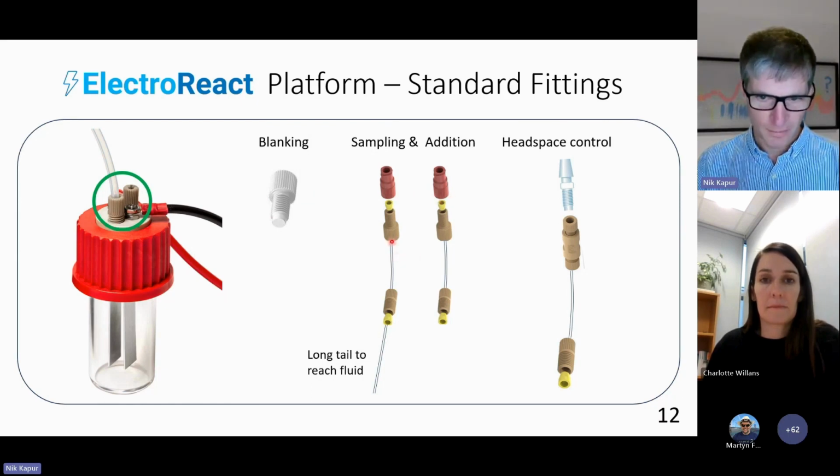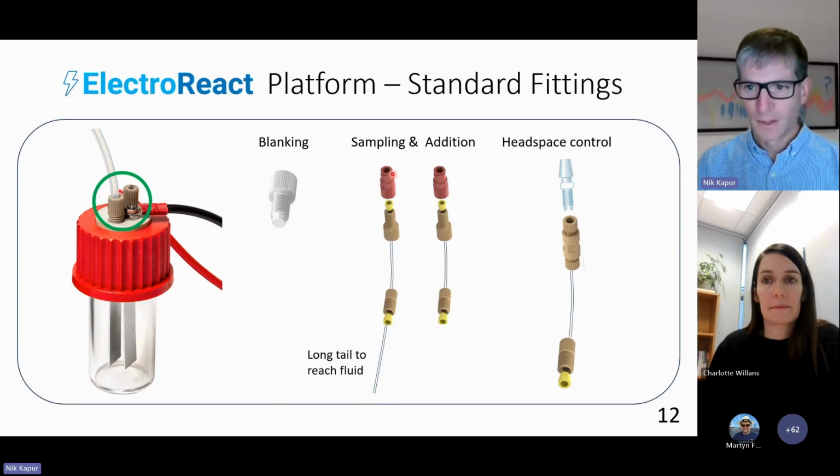So here you would take a piece of tubing, that's what's represented by these blue lines, and you would configure two 1/4-28 inch adapters onto those. This lower one will get screwed into the bottle, and this other one here has been screwed into a standard Luer adapter for a syringe. And then you can also control the headspace.